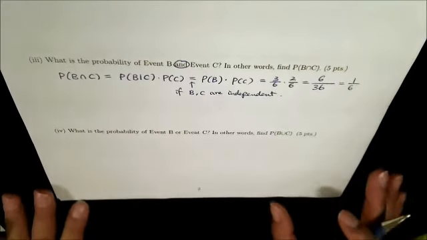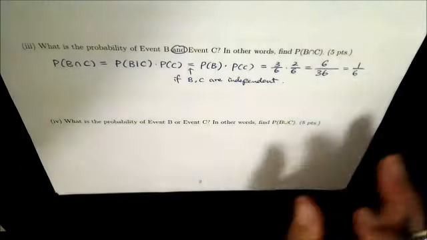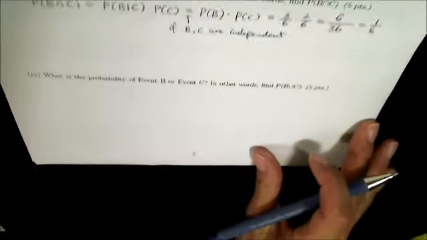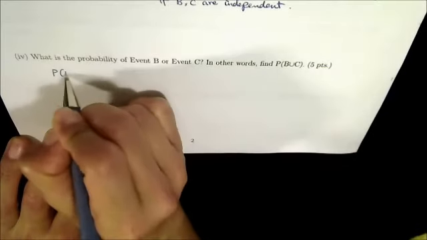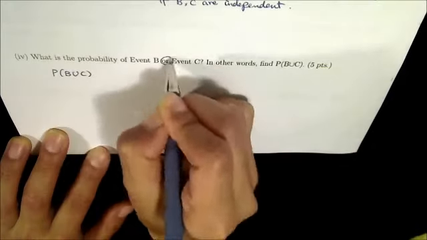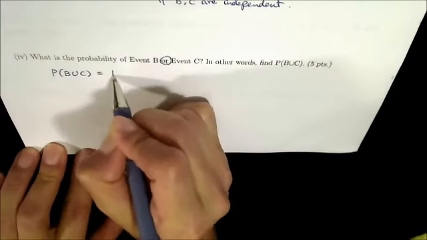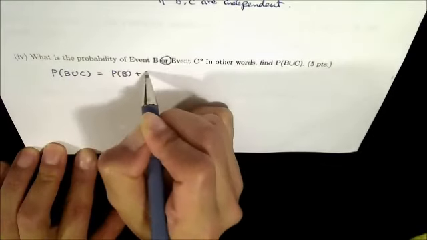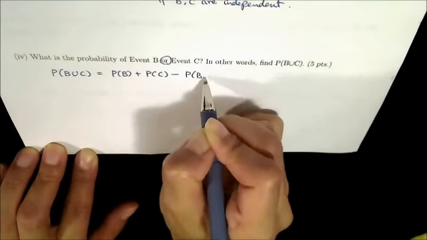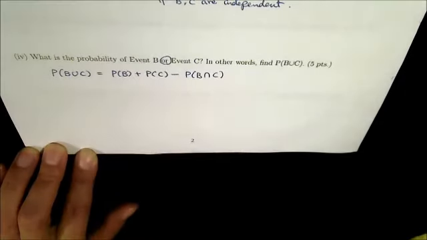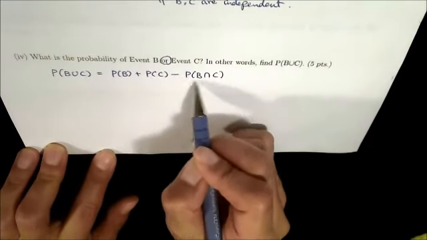Find the probability of event B or event C. Let's see, I can move it a little up. So probability of B union C, or is union, right? Union equals P of B plus P of C minus P of B intersection C. And I mentioned that you should not forget this part.